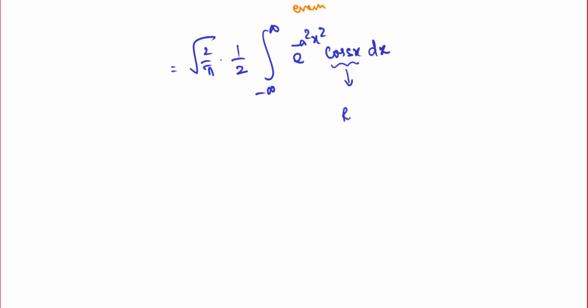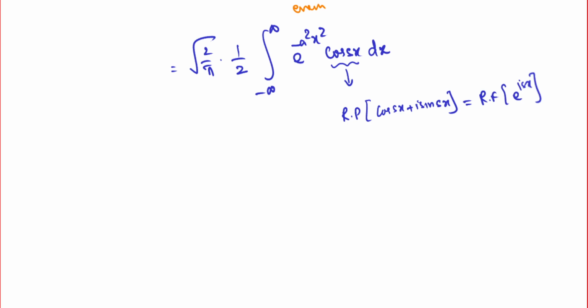I can think of this as the real part of cos sx plus i sin sx, correct? Meaning I convert this into a complex number and take the real part of it, and that is nothing but my cos sx, which is the real part of e to the power isx.